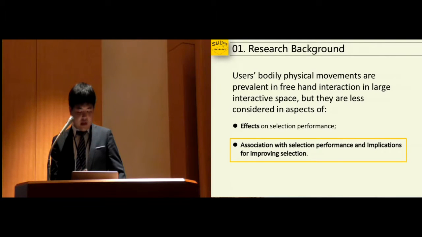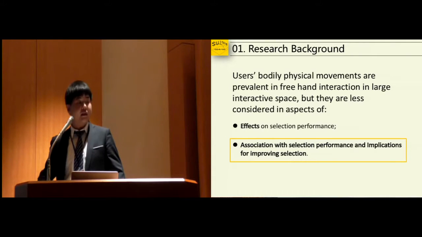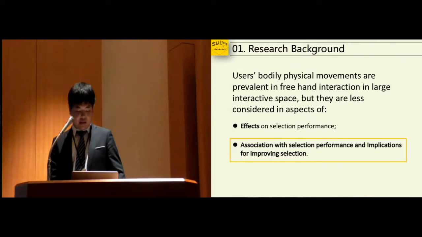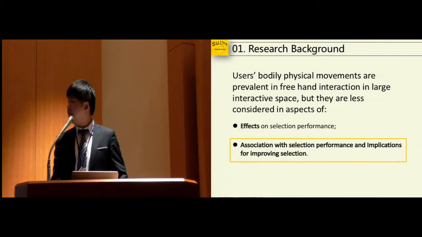These two issues are of great significance to reveal the advantages and disadvantages of users' physical movements in freehand interaction with large displays. Thus they can imply valuable suggestions for the future design of freehand interaction techniques and user interfaces in large display environments.